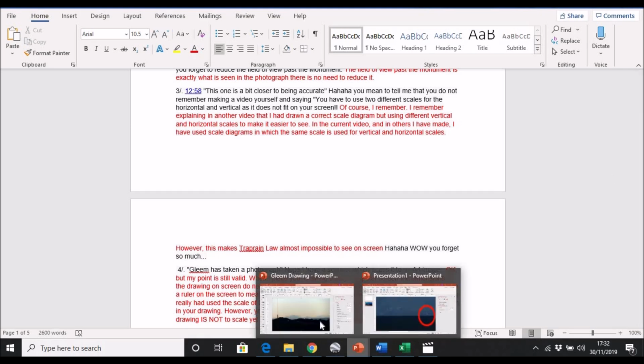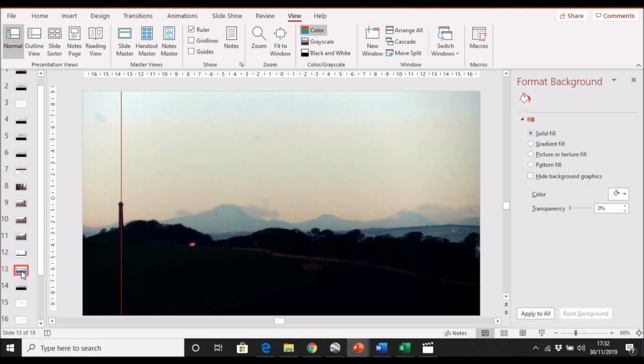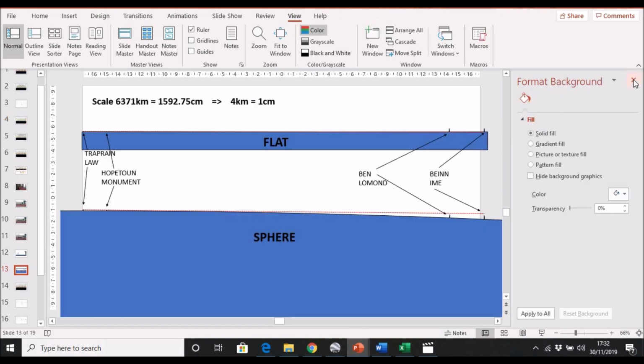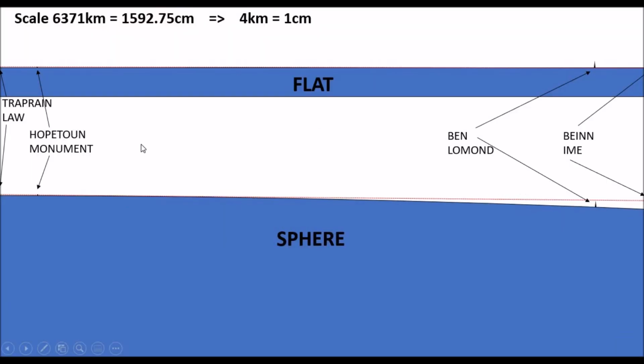And just to remind you of what that looks like, this is what it looks like. So shown like this, you can barely see Traprain Law or the Hopetoun Monument as they are represented on the screen. If we project it up to a full screen, I hope that you can see the little triangle and the little rectangle, which are copied here.